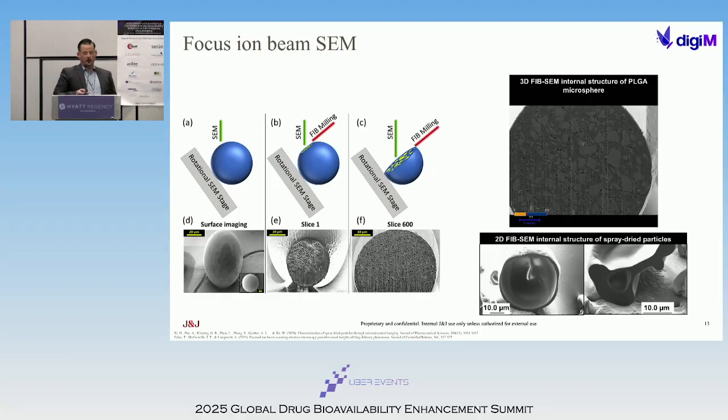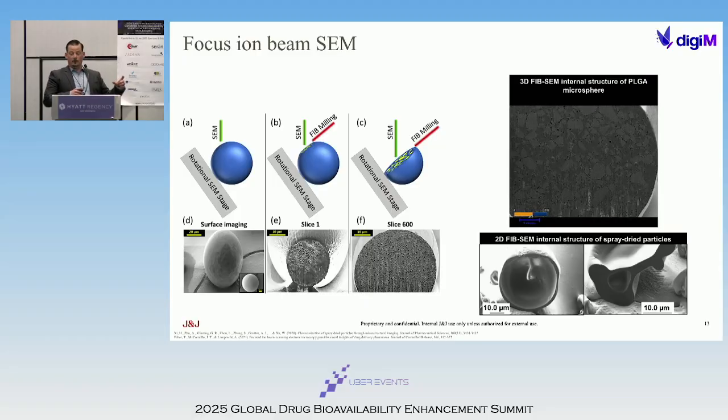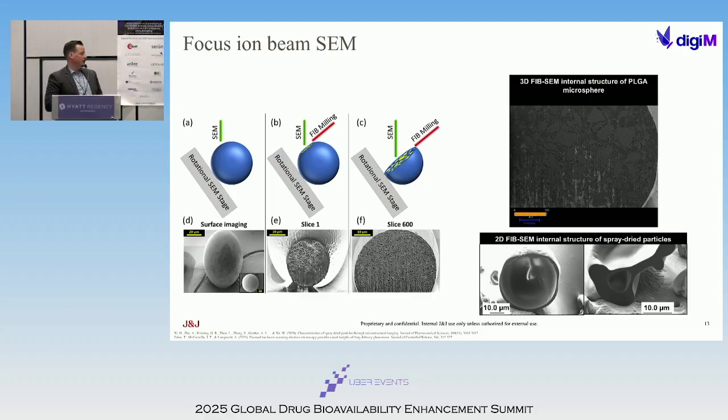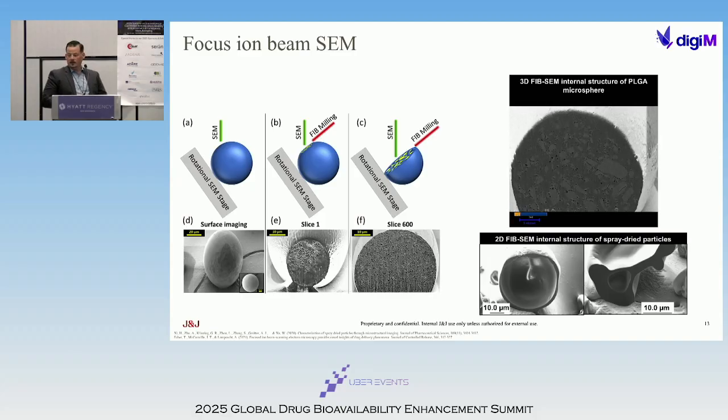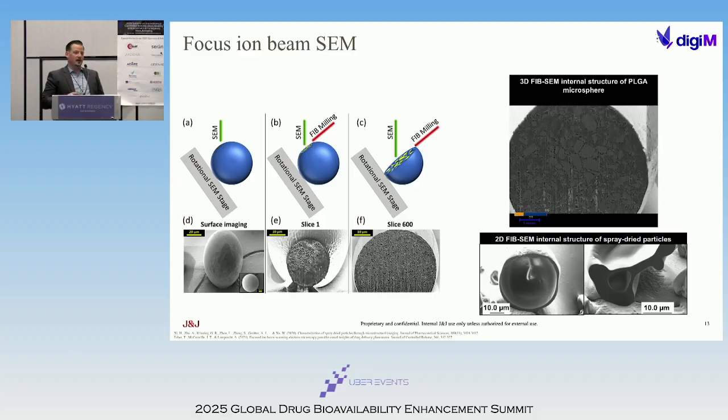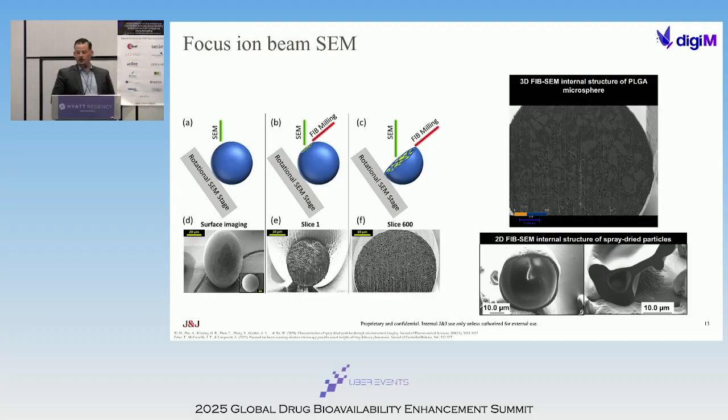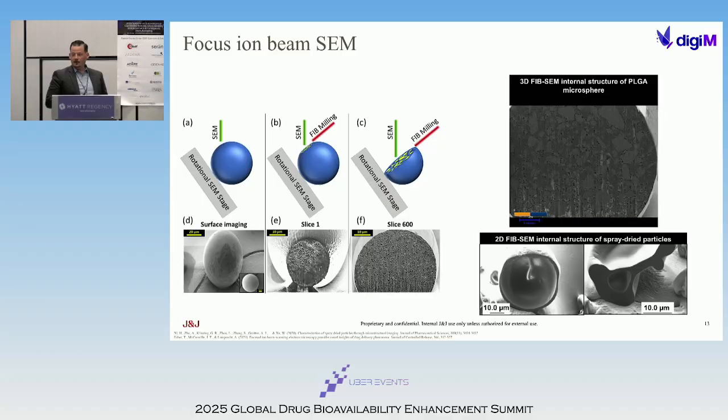This can be used as a 2D technique. The image on the bottom right there, this is actually just selecting what we think is a hollow particle and a collapsed raisin particle, cross-sectioning it, and then confirming our suspicion that that's what we're seeing. This will often give us opportunities also to see maybe early stages of phase separation or recrystallization. Sometimes you can even see distinct domains in the walls of these particles, kind of suggesting early phase separation.